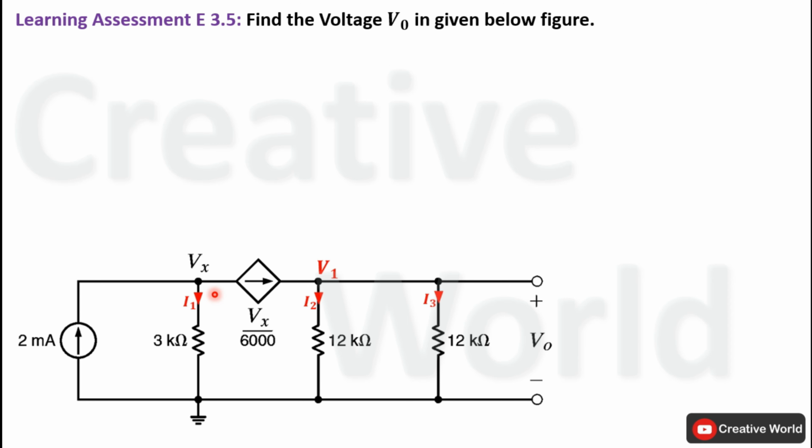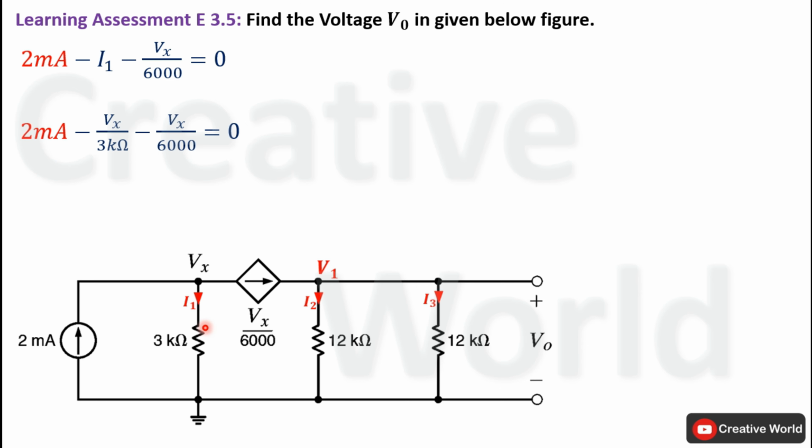Now we have to implement Kirchhoff's current law on this node. KCL equation of this particular node will be: only one current is entering, that is 2 milliampere, while 2 currents are leaving. One is I1 and other one is the current of this dependent source, that is Vx divided by 6000.